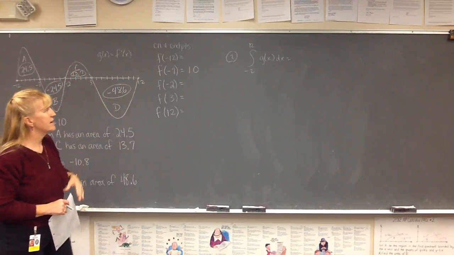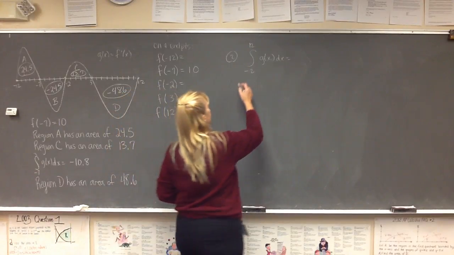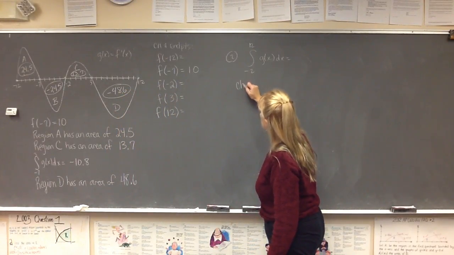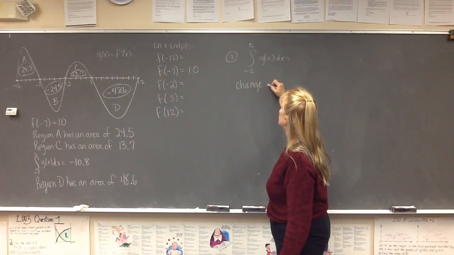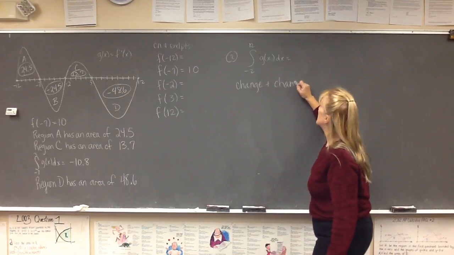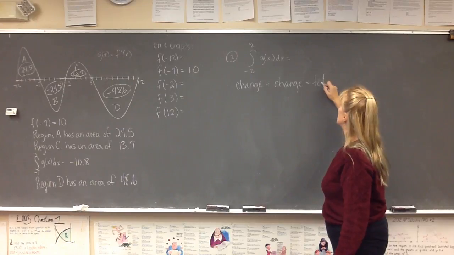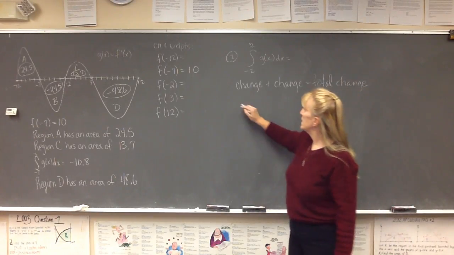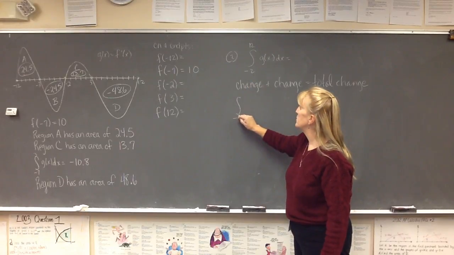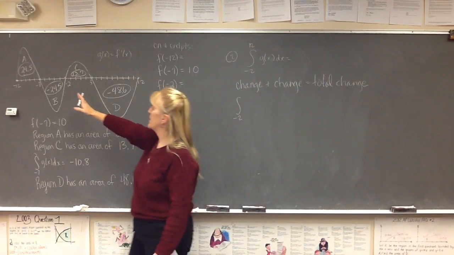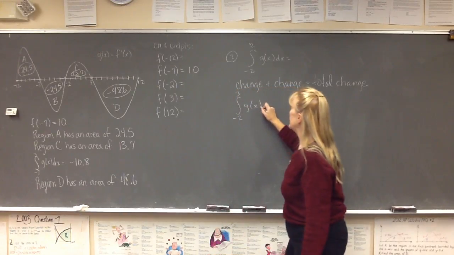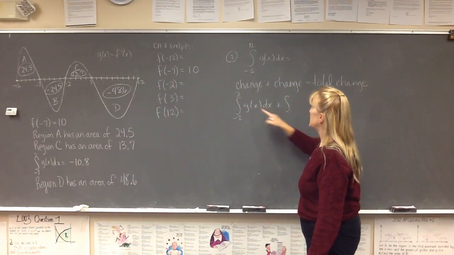So I'm going to put these together. Basically, the idea here is that I'm looking at change plus change equals total change again. So I'm going from -2, my left bound over here, all the way to 3 of g of x dx, plus, where did I leave off?